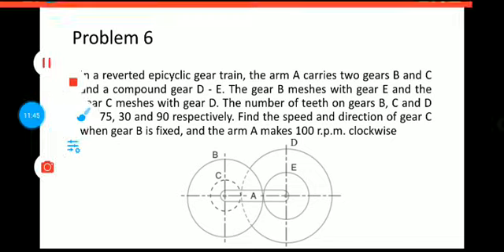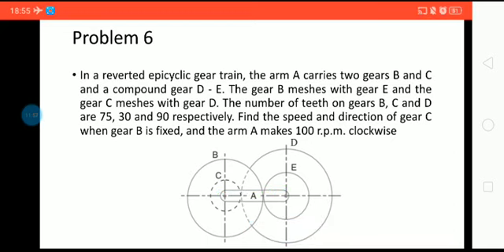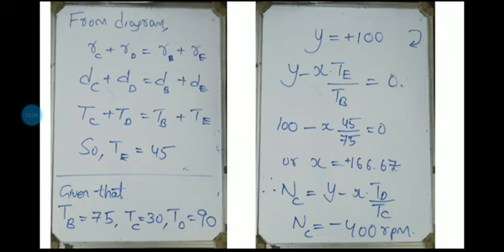That is from here to here. RC plus RD, and that same distance is equal to RB plus RE. So you see from the diagram RC plus RD equals RB plus RE.